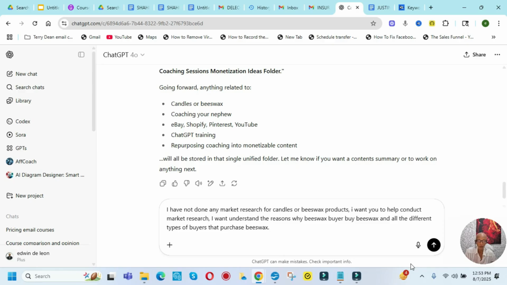And number two, the other audience is just people that buy beeswax for other general uses, whatever it may be. And you don't know nothing about the marketplace, but you want ChatGPT to help you do the market research for you quickly, right? So now, I already created a prompt.